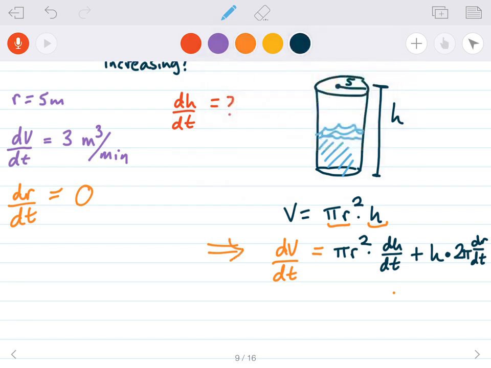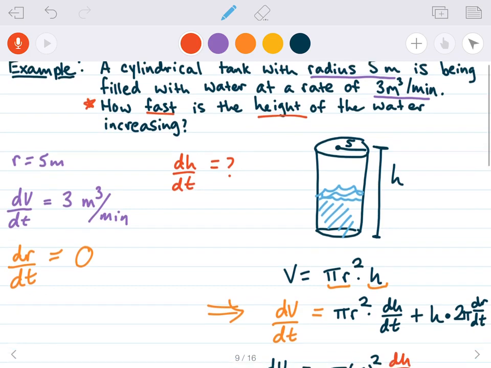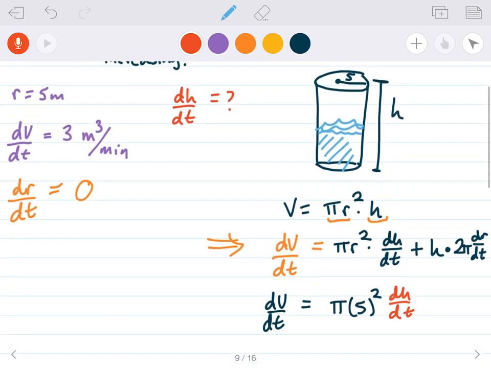So we have dV dt is equal to, well, our radius is 5 meters, and so we have pi times 5 squared times dH dt, which we're looking for. And now, they don't tell us what the height is or anything.